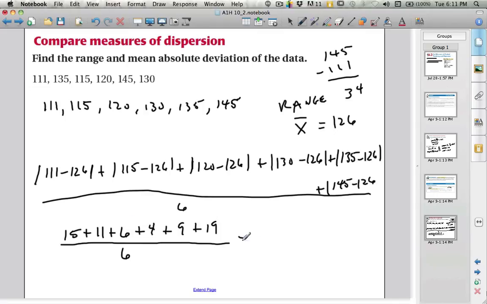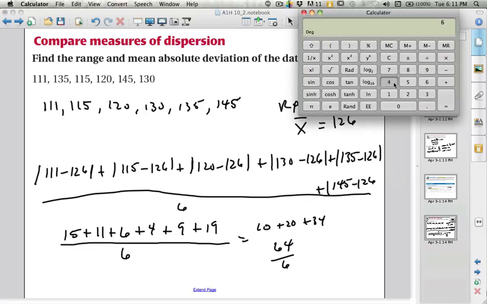So 6 plus 4 is 10. 11 plus 9 is 20. And 15 and 19 are 34. So that's going to be 10, 30, 64. 64 divided by 6 is 10.66667.